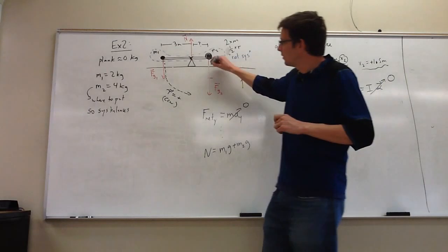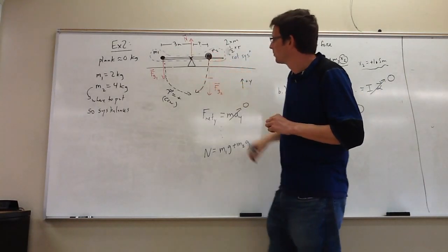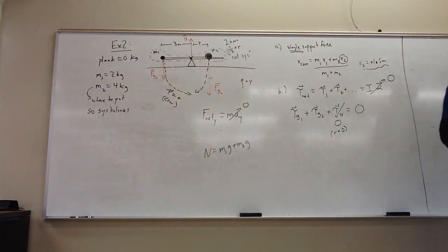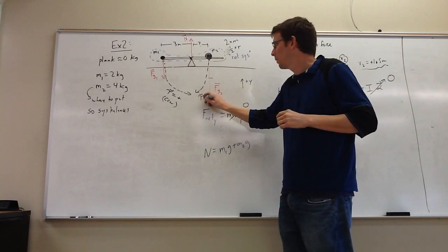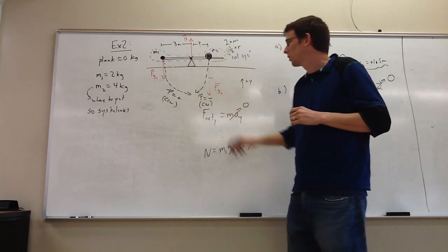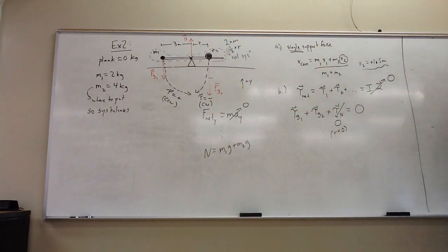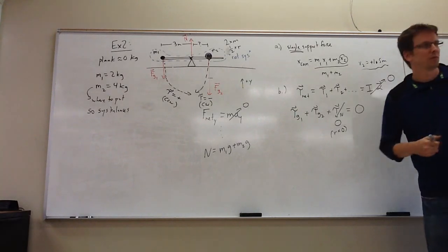Let's take a look at the other one. This one, if it was up to that alone, that person would fall down to the ground, and it would result in a clockwise rotation. So this would be a minus torque, clockwise. So we already know the signs of those two, right?